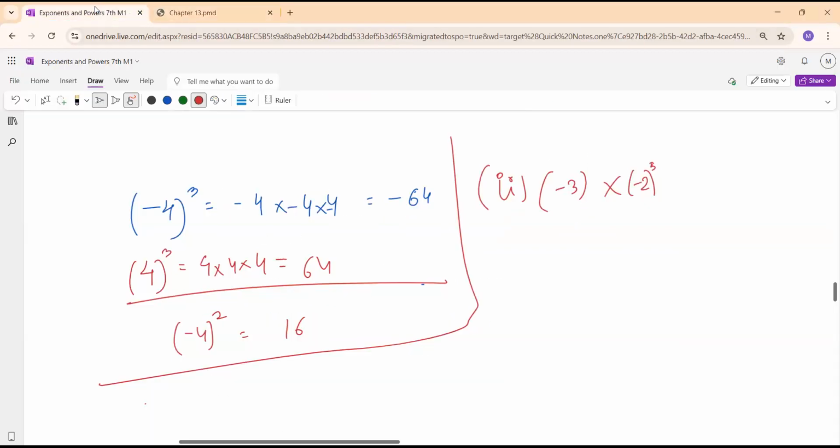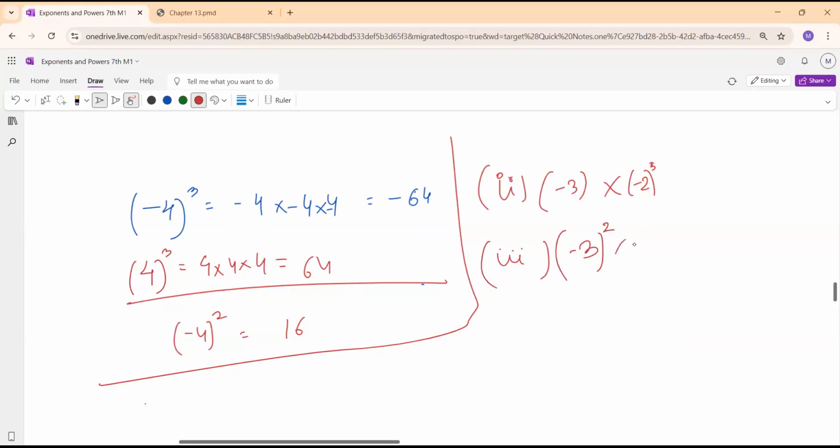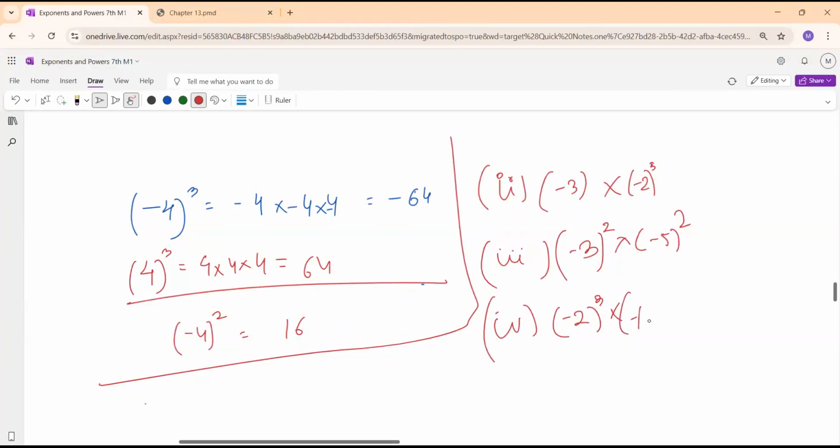Salman, try the other parts. Minus 3 raised to the power 2. Minus 2 raised to the power 3. Minus 10 raised to the power 3. Salman, try these parts now. Okay, sir.